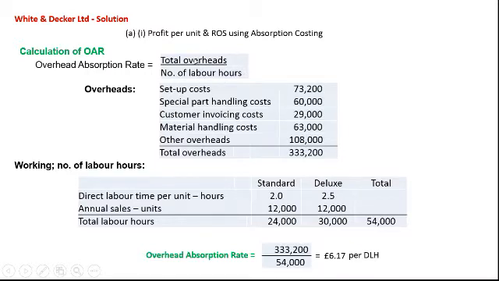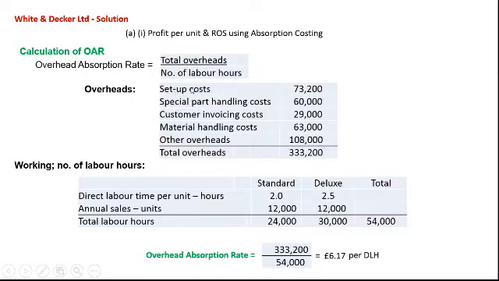Now we need to have these two figures, and if these are not directly given in the question, we need to work out what is the total overheads for the period and what is the number of total labor hours. Once we know these two figures, we can work out our overhead absorption rate and then work out our product cost.